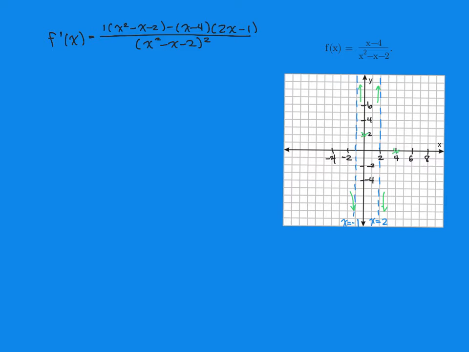And we're going to want to expand and simplify our numerator because we care about our critical points here, which, as you know, are points where the derivative is undefined or 0. So for the zeros, we want this to be nice and simple.